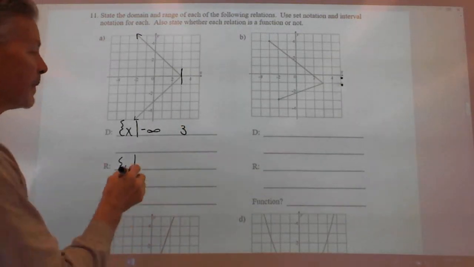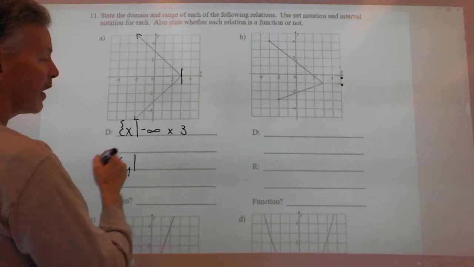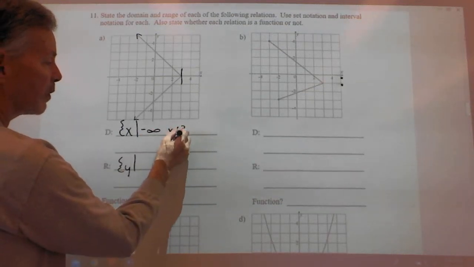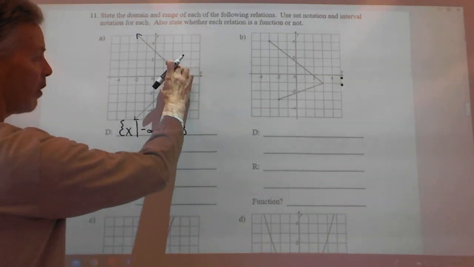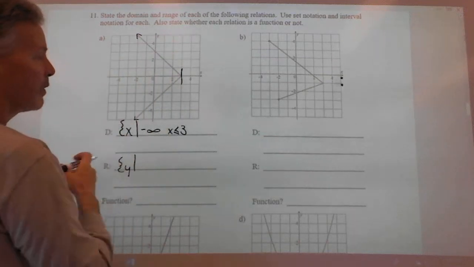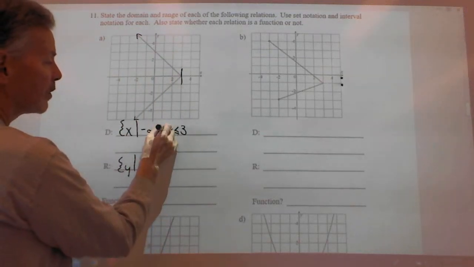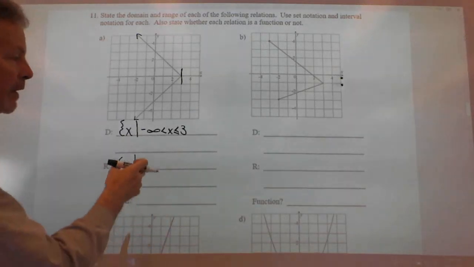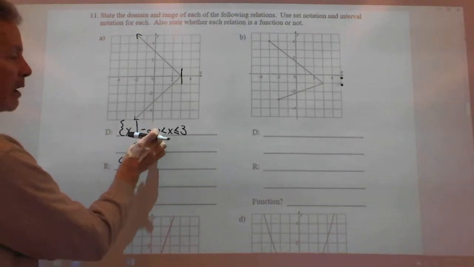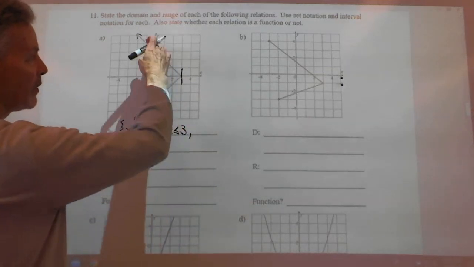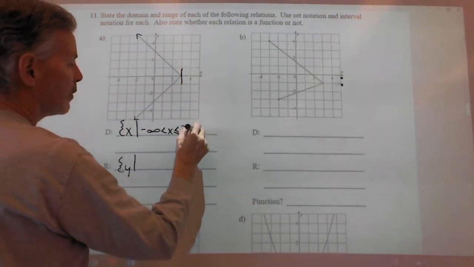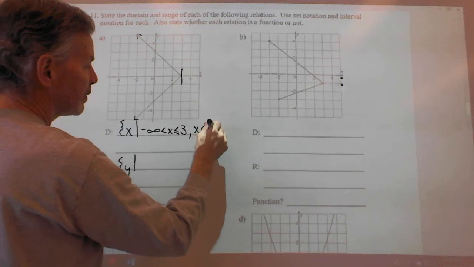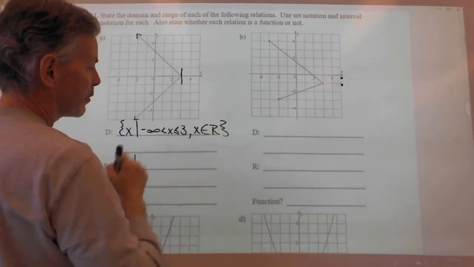So your values for x have to be less than or equal to 3. They're all to this side. And greater than, it can never be equal to because it can never actually reach infinity. So we just say greater than negative infinity. And since we have a solid line, we say that x is an element of the set of real numbers.